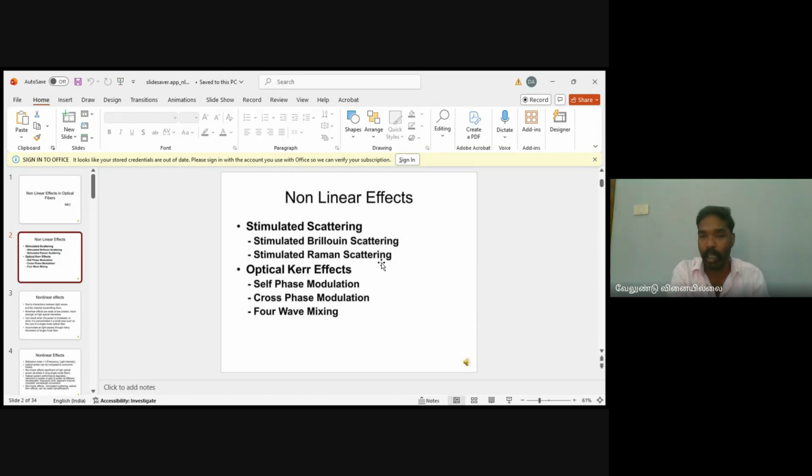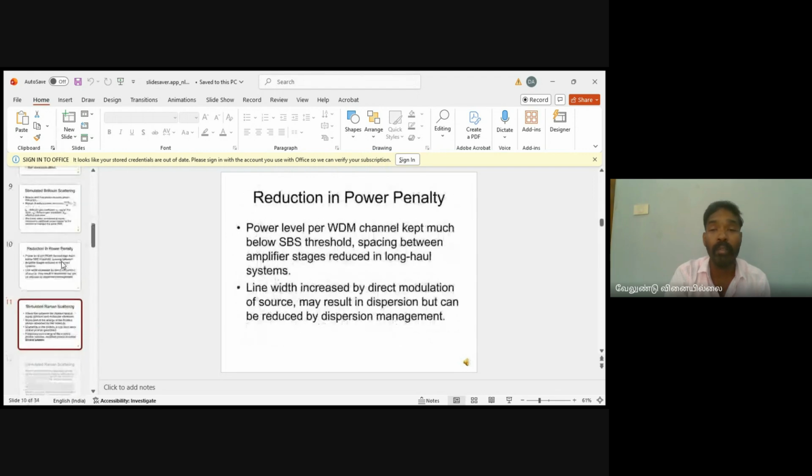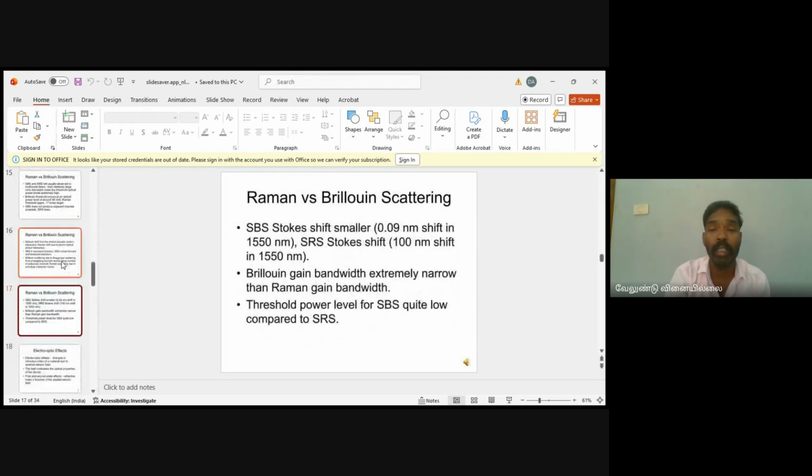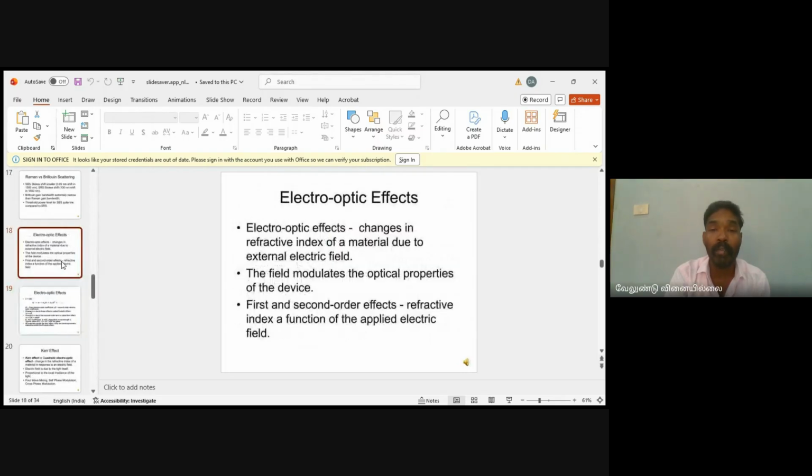So that is a difference. Then the Kerr effect. What is the Kerr effect? Kerr effect is due to the nonlinearity. Anyone can say what is the Kerr effect? Mr. Sirna, can you say the Kerr effect? The Kerr effect means electro-optic effect.